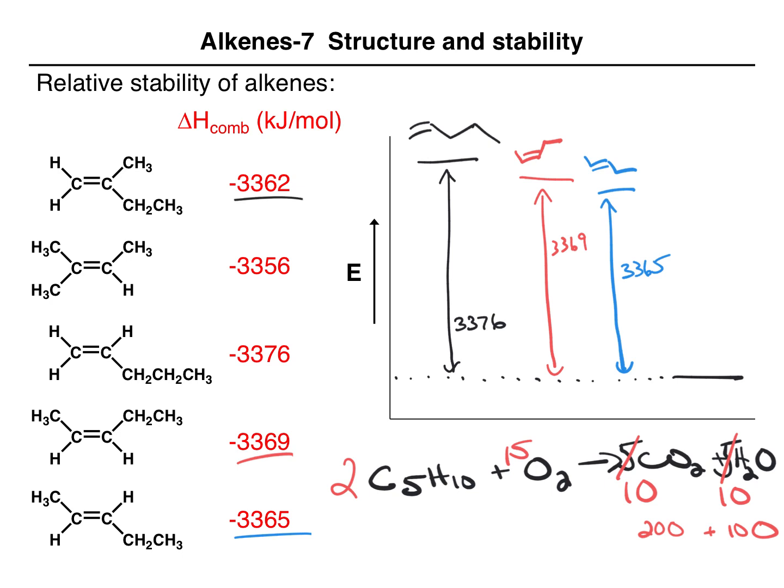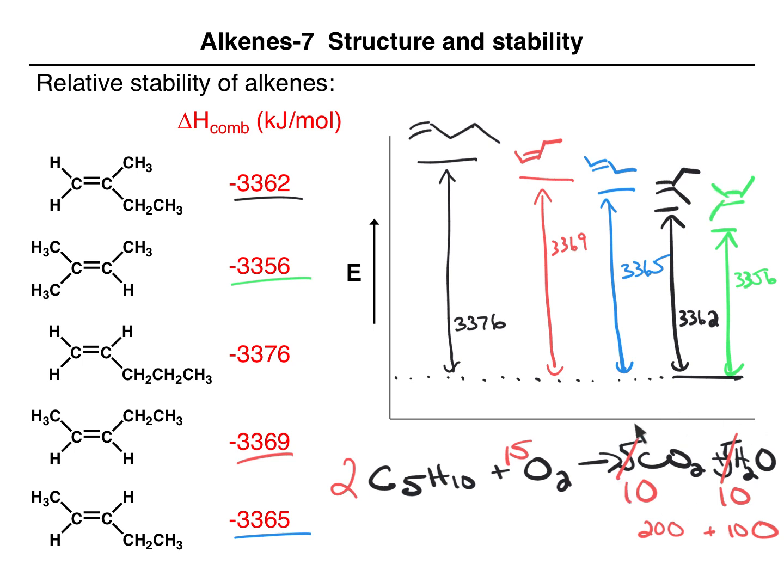Next, 3362. And that is this one. And then finally, the most stable one, 3356. That is this one that is tri-substituted.